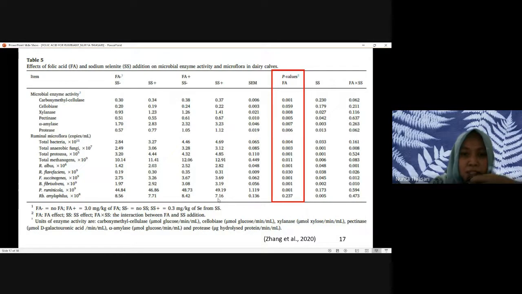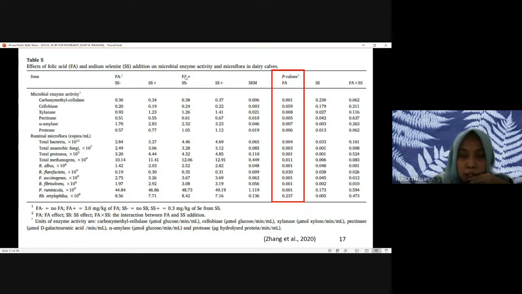I'm sorry, because I wanted to focus more on the addition of folic acid, so I didn't explain about the sodium selenite. From this journal, the authors wanted to know about the addition of folic acid and selenium.